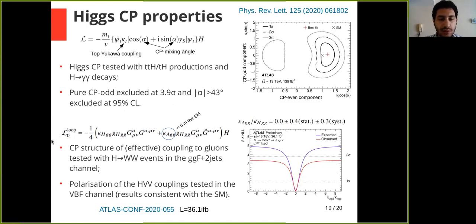Then we also studied the CP structure of the effective couplings to gluons in the X to WW channel. And in the same channel, we studied the polarization of the HVV vertex.